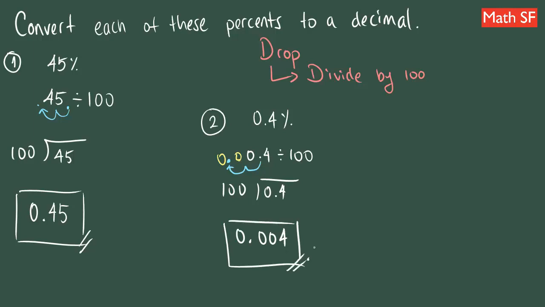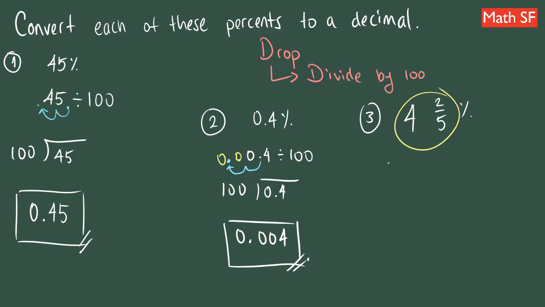In the next part, we have number 3. They say 4 2/5%. Before I do anything else, I first need to convert this mixed number part into a decimal.